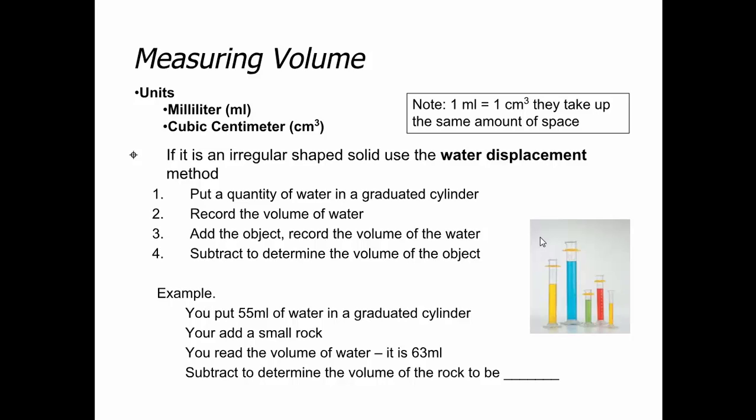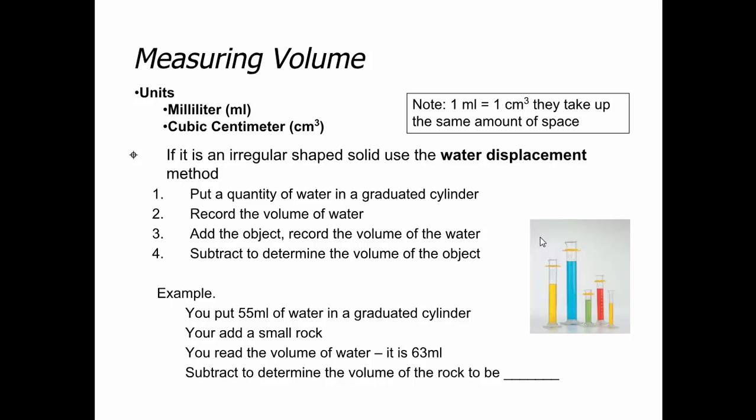Now, 1 milliliter: if I take a 1 centimeter by 1 centimeter by 1 centimeter little tiny cube and fill it with water, that's 1 milliliter. A milliliter and a cubic centimeter take up the same amount of space.